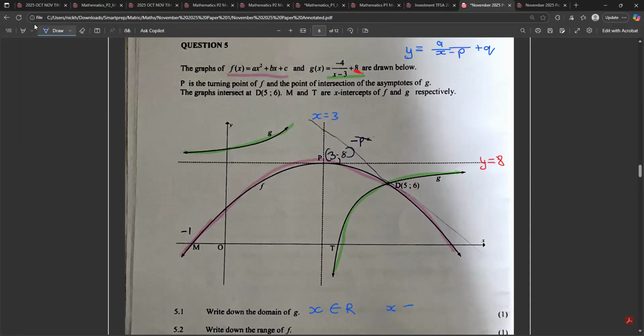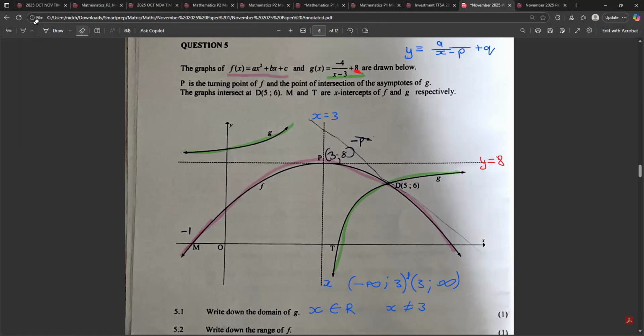You can also do it a different way, going from negative infinity to 3 and from 3 to infinity with open brackets. But I think the easier way is just to say x is real and x is not equal to 3, and that gives everything.